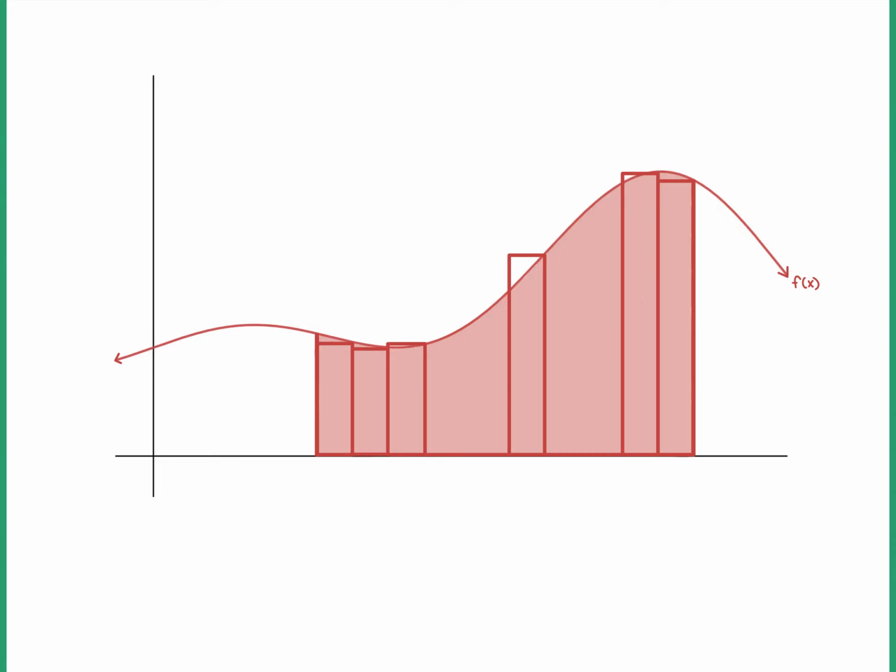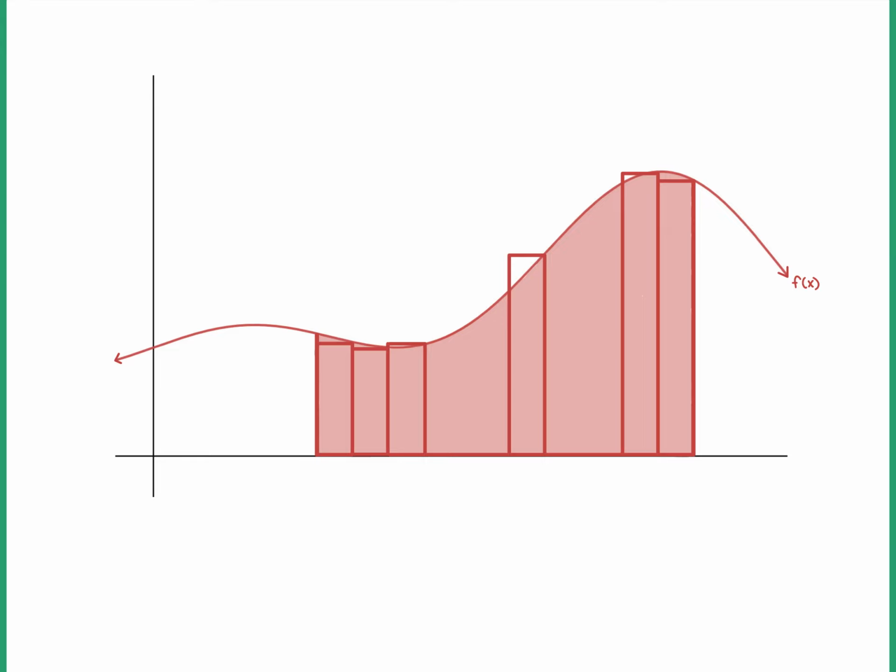Okay, so now let's look at some random function. We'll call it f of x here. That's just this curve. Let's say we want to find all this area that's under the curve. We're first going to estimate the area by making a bunch of what are called subintervals. This whole length here is our interval, and we're going to split it up into a certain number of little subintervals.